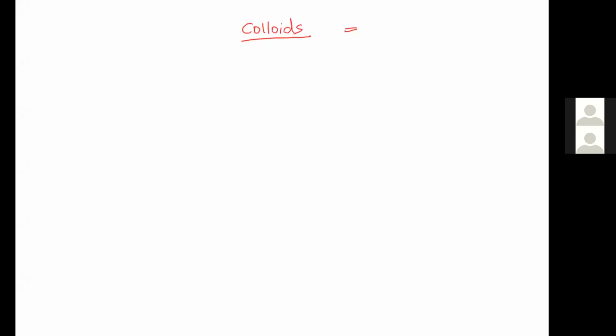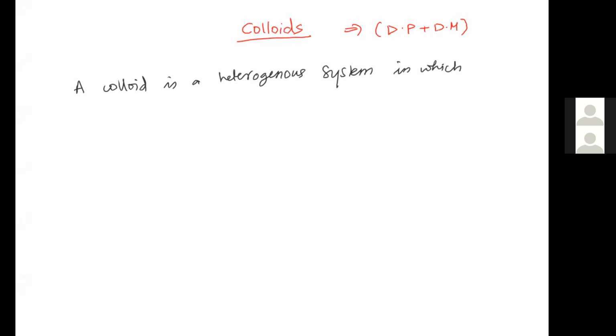A colloid is something which has a dispersed phase and a dispersed medium. So what is the differentiating point of colloids? A colloid is a heterogeneous system in which one substance is dispersed.